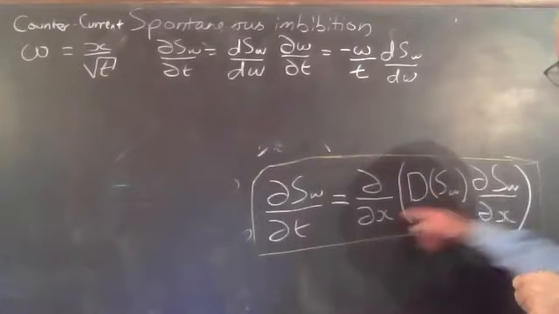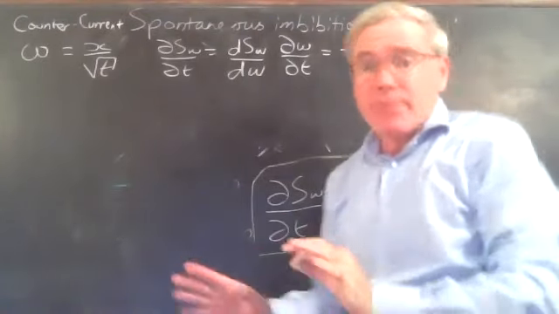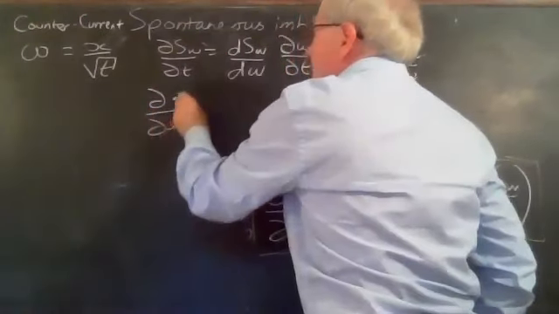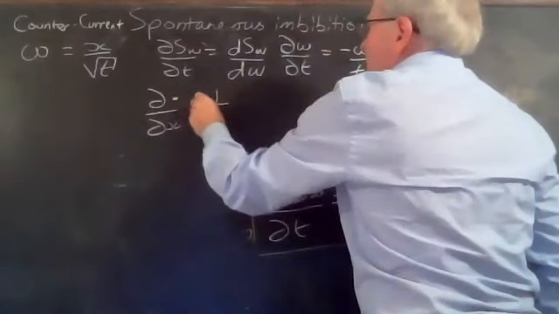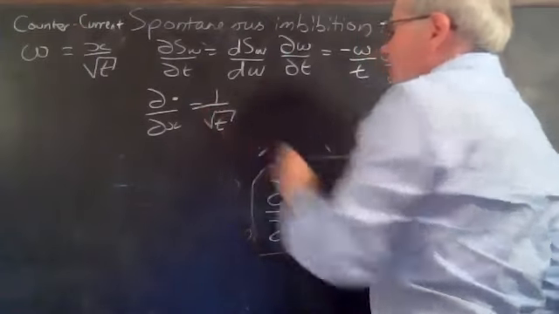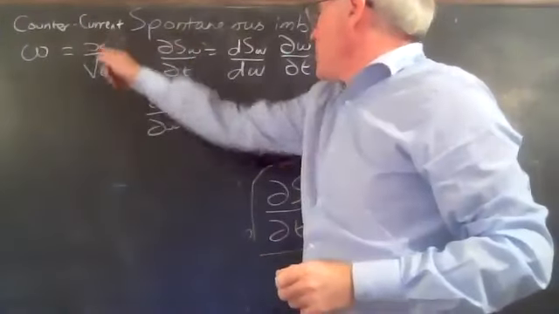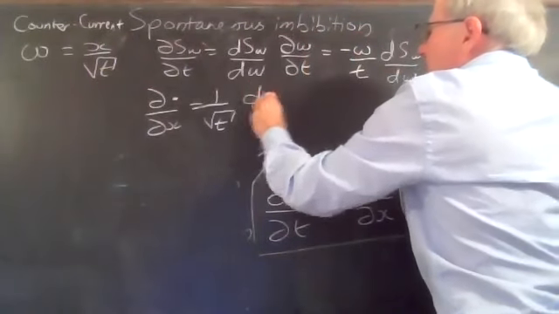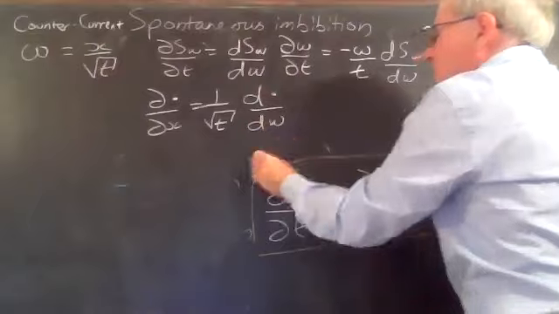Then we've got a 2d by dx terms. Okay, so we've got to get rid of those. So a d whatever by dx is 1 over root t. Because it's just d by dx, we just get 1 over root t, d by d omega.